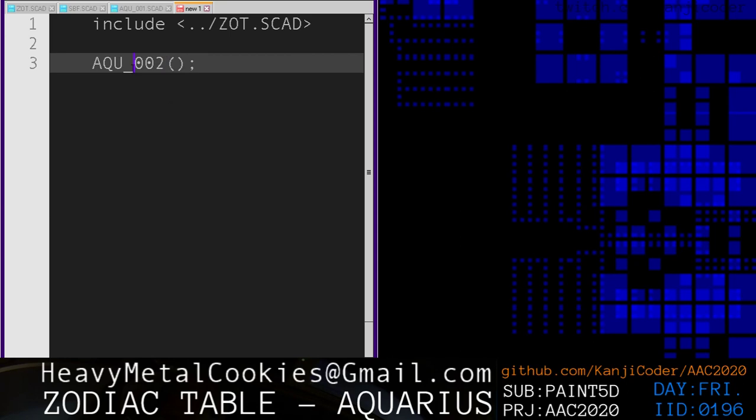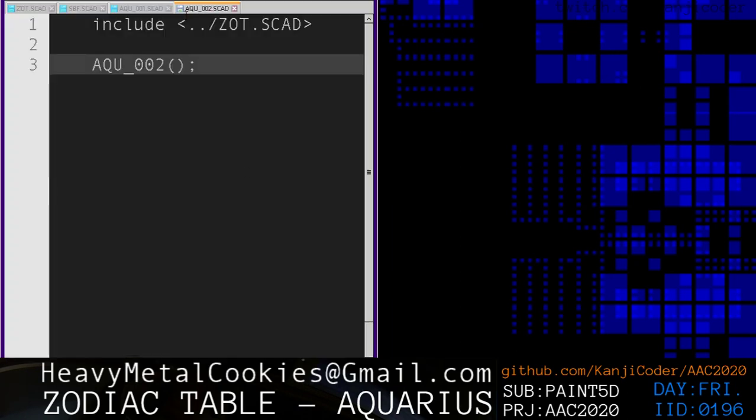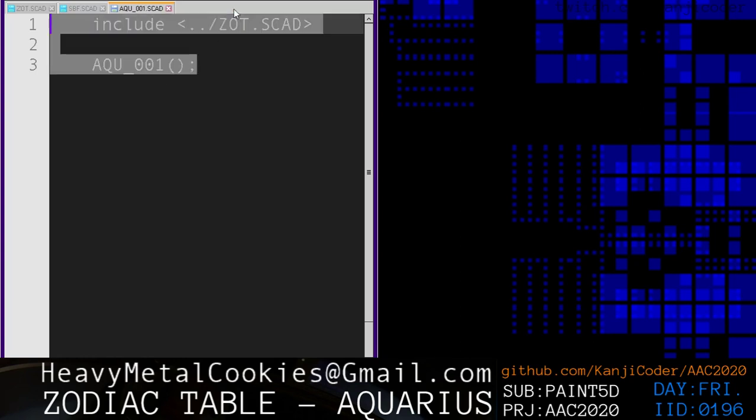So the file is named aqua02, the function is aqua02, and then the actual data is called aqua.svg, or aqu. whatever. That's intentional so that if we want to come back to this code in a year and figure out how the heck we got that graphic, what function made that graphic, we have an easy way to connect those dots.